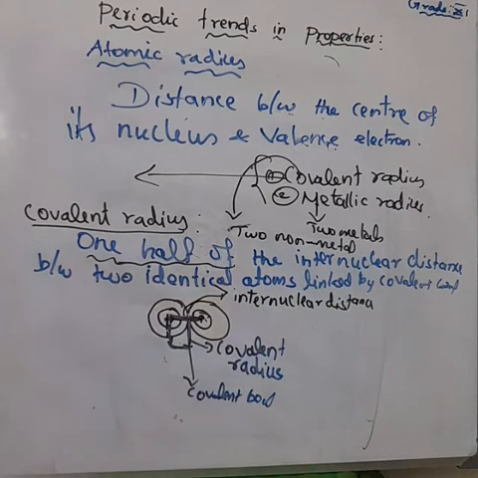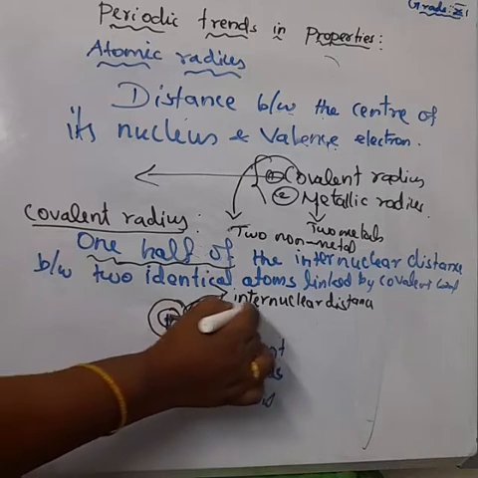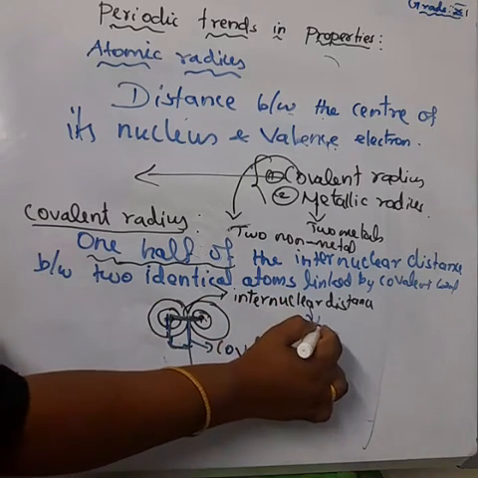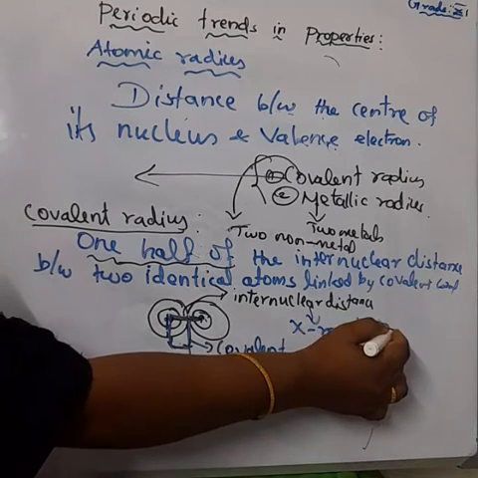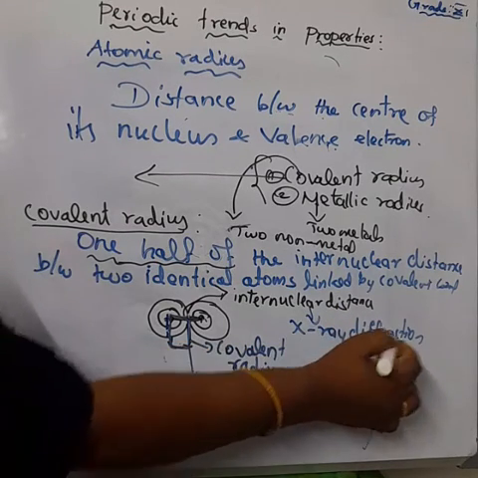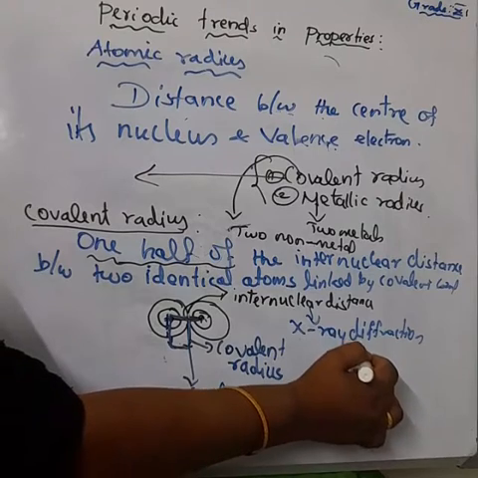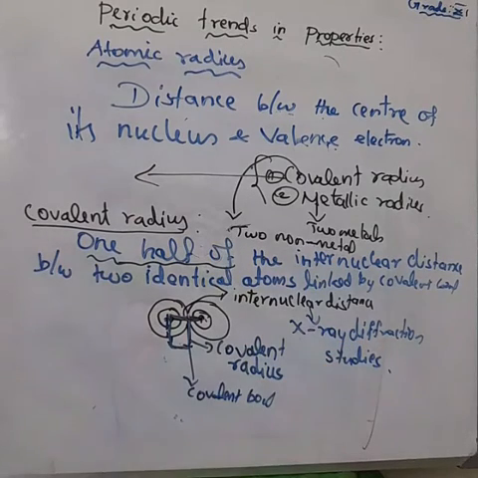The internuclear distance can be determined using X-ray diffraction studies. Only by X-ray diffraction studies can we measure the internuclear distance between the two atoms.